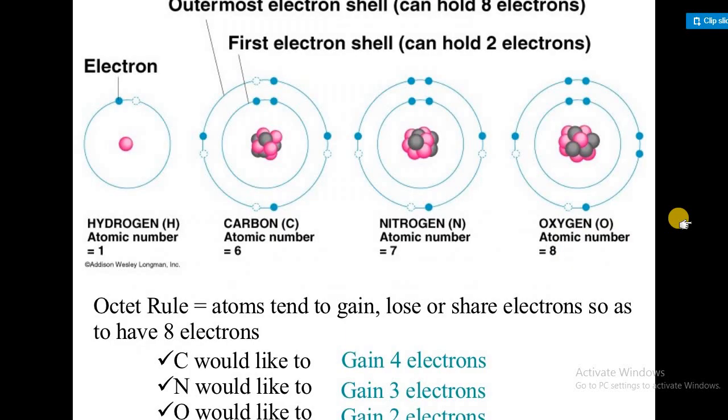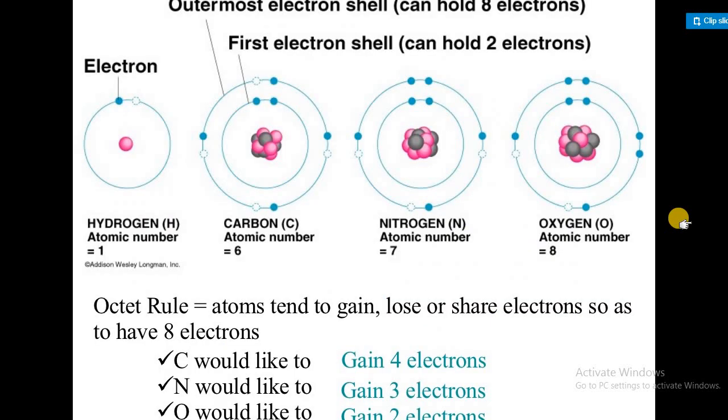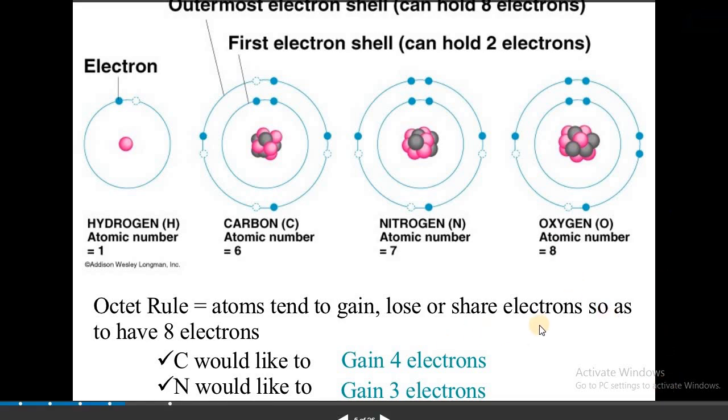And what is the duplet rule? The duplet rule is when an atom loses or gains electrons to complete 2 electrons in its outermost shell. An example of an atom that needs to complete its octet is carbon.